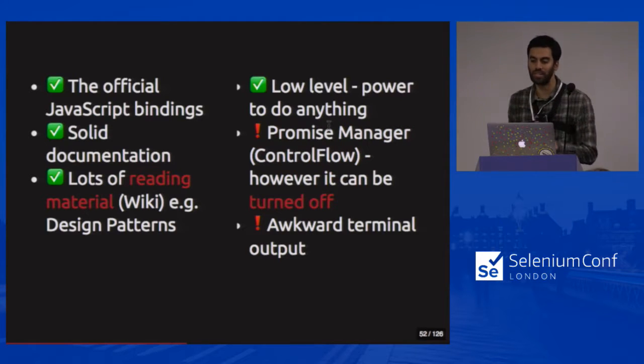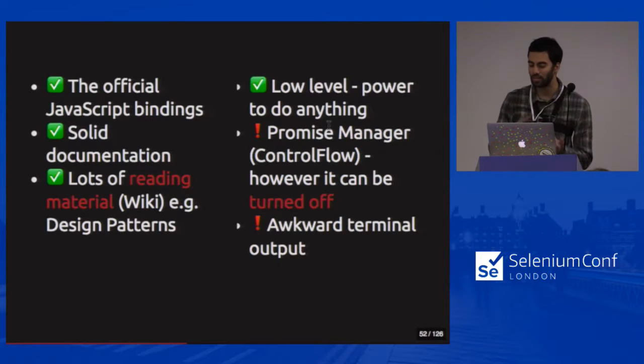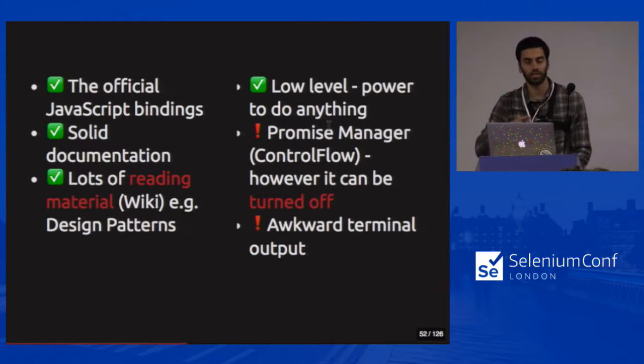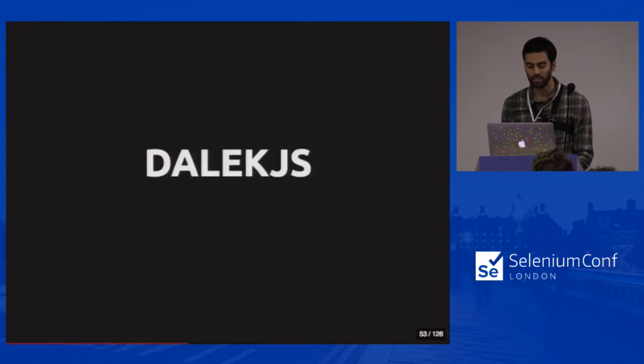So if you say browser.findElement and browser.click, they'll actually queue those up. Even JavaScript natively wouldn't do that. And so it seems that they're messing around with some of the queuing and control flow behavior. And then finally, the last point, which was a bit of a deal breaker, is it was just not very pleasant to look at in the terminal. And that's nothing bad to say against the project. It's like my personal feelings.